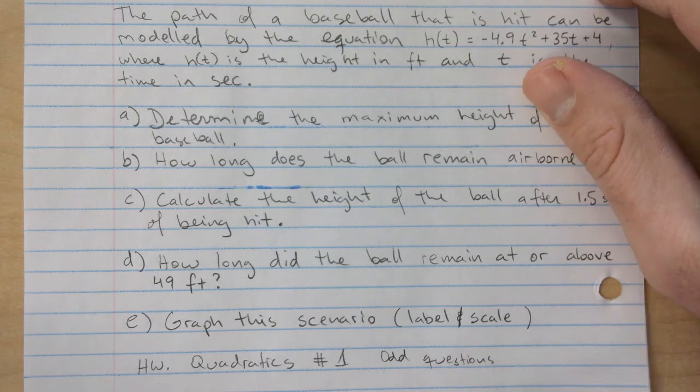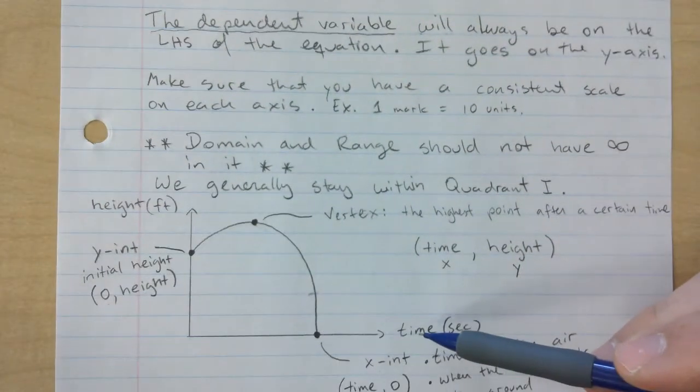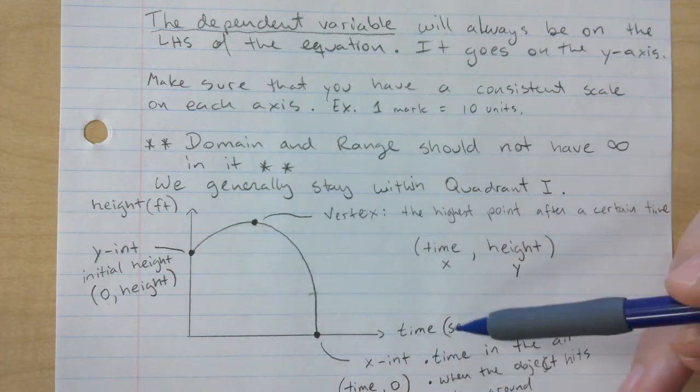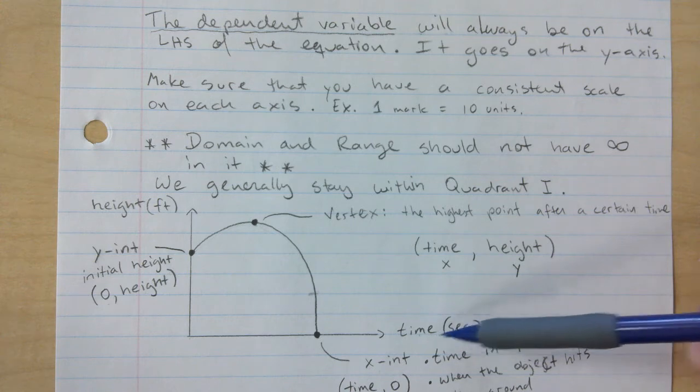It could be distance and height, horizontal distance versus height. It could be time and money, or number of tickets sold and money. So you'll have to be very careful when you label your graph to make sure it's not x and y. It is actually labeled and it has units attached to it.